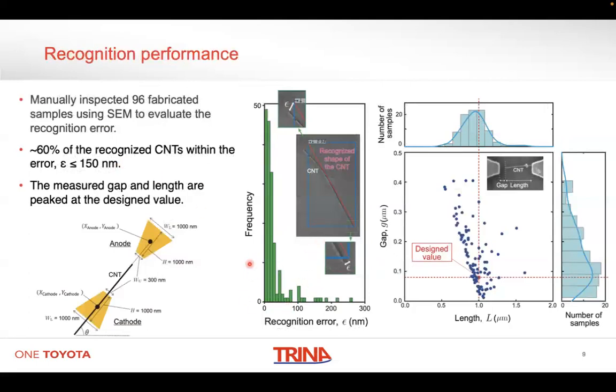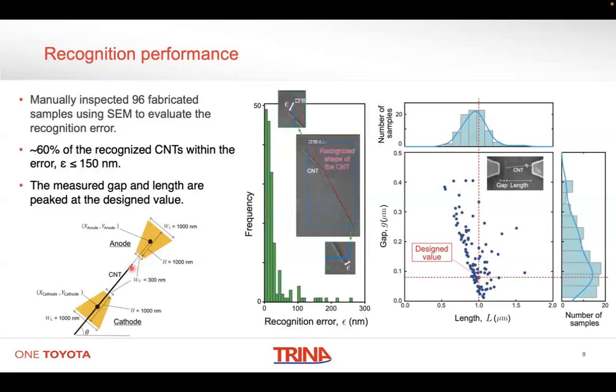Here you can find the performance of this error. This figure shows that 60% of the recognized CNT has an error within 150 nanometers. This number is quite important because here you can find the design structure of the cantilever, and the width of the counter electrode is 300 nanometers. So half of this width is 150 nanometers.